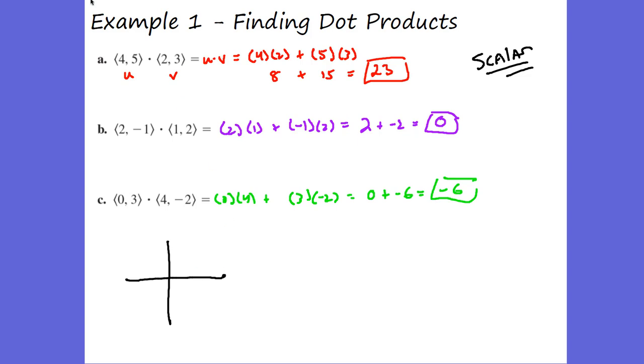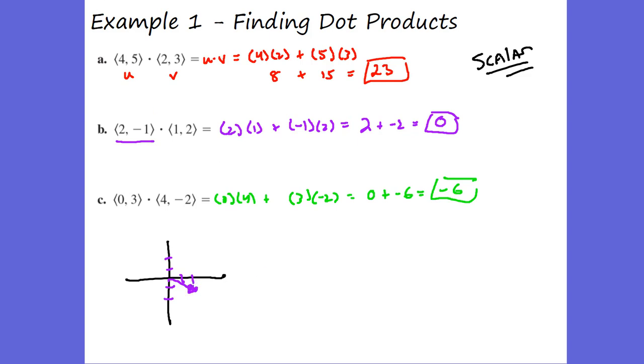If we take a look at this one here, I'm going to do a little bit of a pretty bad xy plane. You can see the first vector is 2, negative 1. So my vector is right here. I'm going to call that vector u.